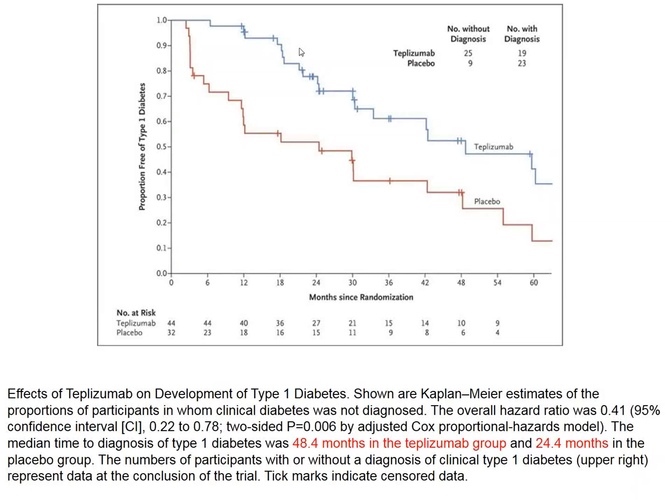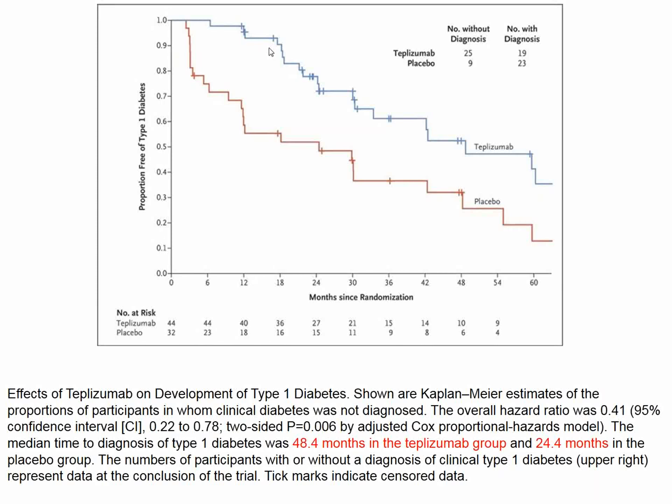And what we see here, the teplizumab group is in blue, and the placebo group is in red, and indeed the patients that got teplizumab, their proportion of being free of type 1 diabetes was substantially better over time than the placebo group, so that the development of type 1 diabetes in the teplizumab group was 48 months compared to 22 months in the group that got placebo, and the greatest effect was seen early within the first 12 months.